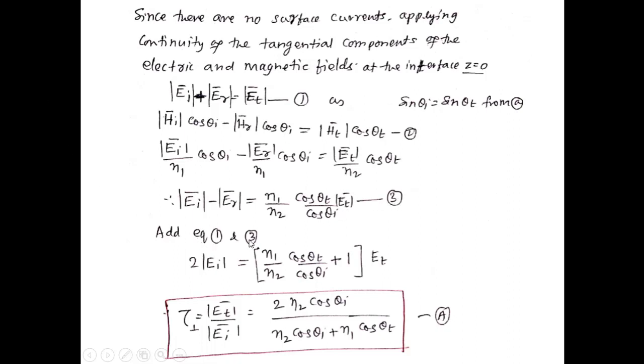Add equations 1 and 3, we get 2E_I bar equals η1 by η2 into (cos θ_t divided by cos θ_i plus 1) into E_T. Therefore, the transmission coefficient E_T bar divided by E_I bar is given by 2η2 cos θ_i divided by (η2 cos θ_i plus η1 cos θ_t).